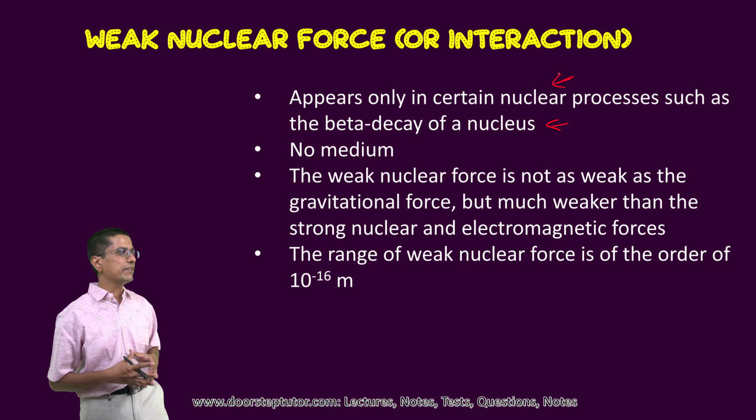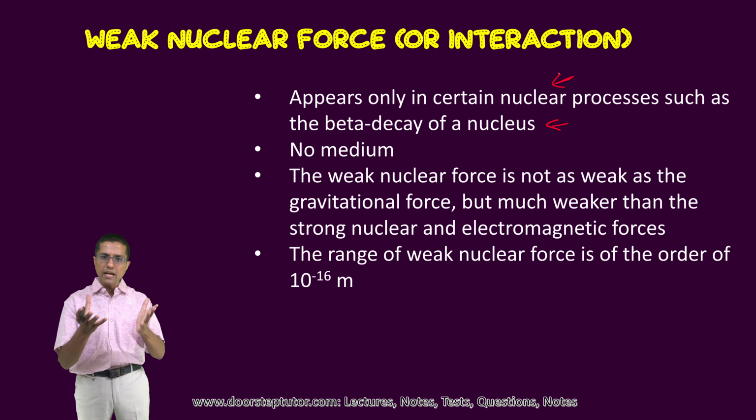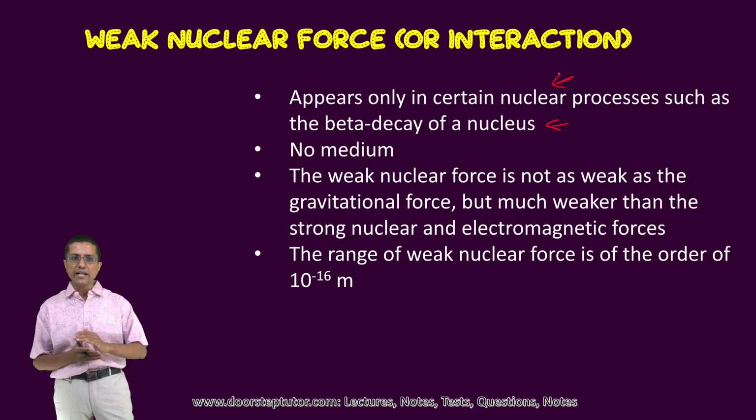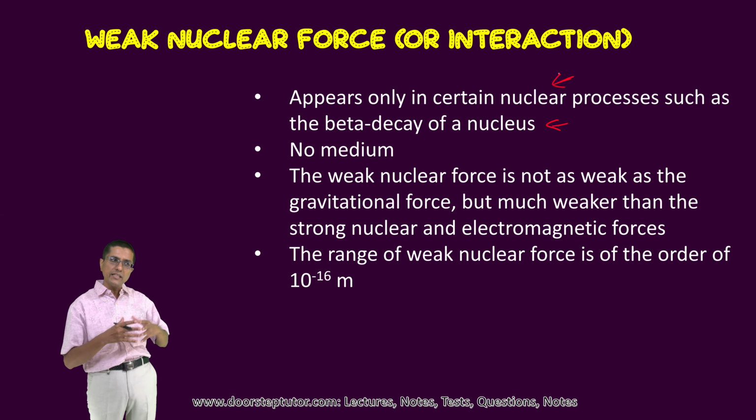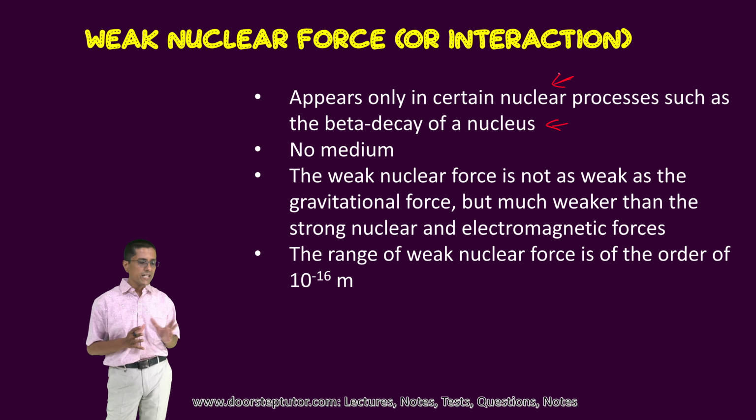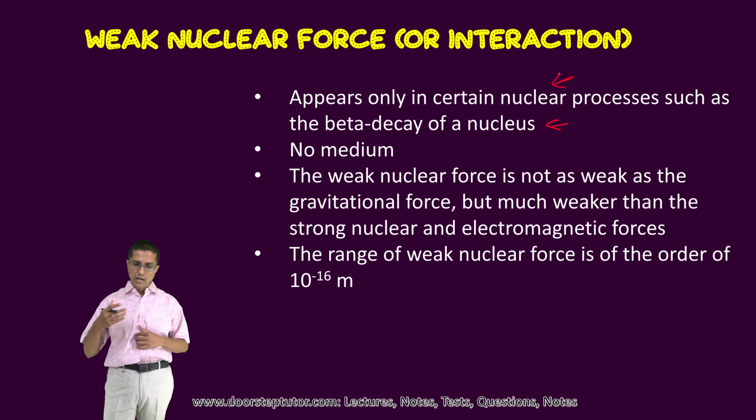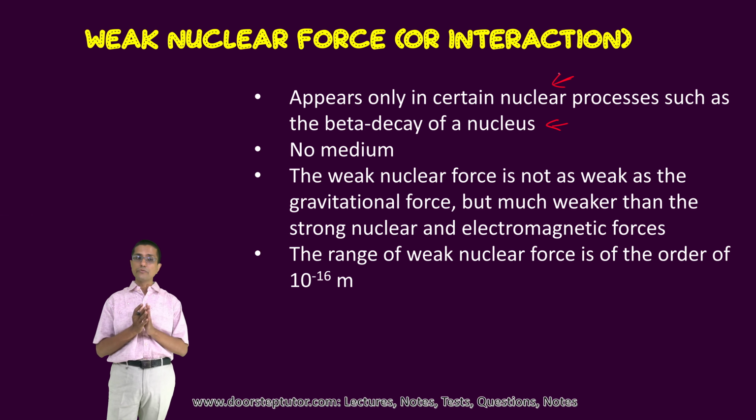We always said that forces were like pushes and pulls, but here, when emissions of particles are happening, there are certain forces which come into play. Why is that? We understand gravitational force and electromagnetic force as something transmitted over distance spontaneously.